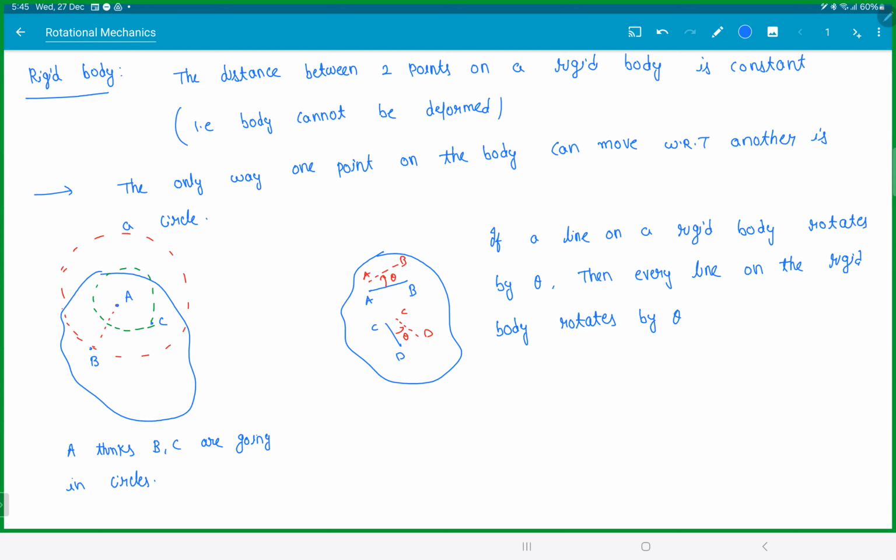How is that possible? If I join these 4 points A, B, C and D, I'll get a quadrilateral. If AB rotates by theta and CD does not rotate by theta, will you still get the same quadrilateral? Is that making sense? So if AB rotates by theta, C and D, who are not related to A and B, you can be sure CD also rotates by theta. That means you can make a statement here: the angular velocity of all the lines on a rigid body is the same.